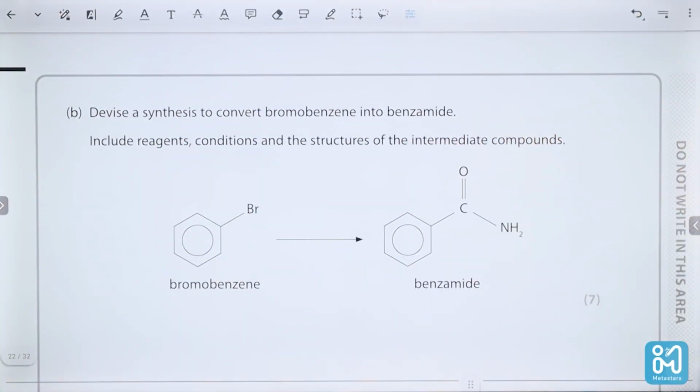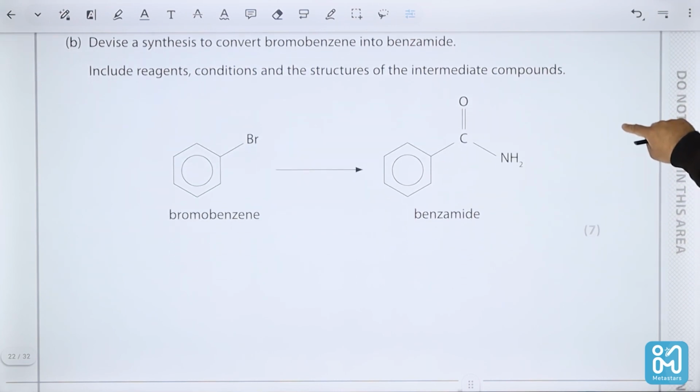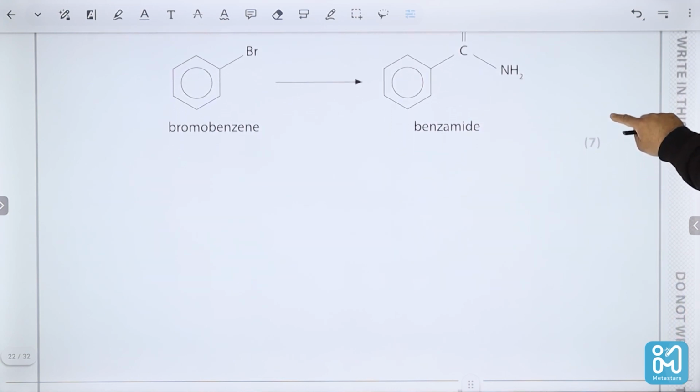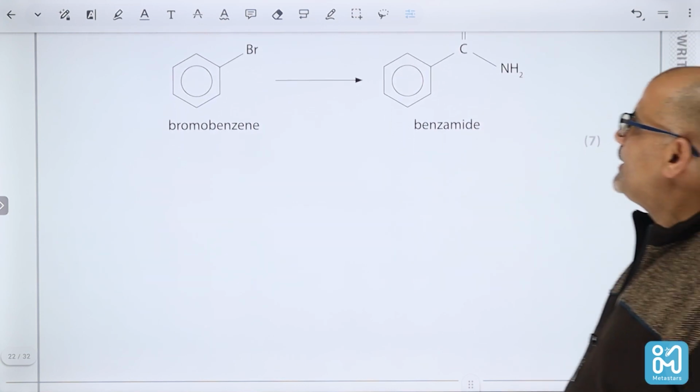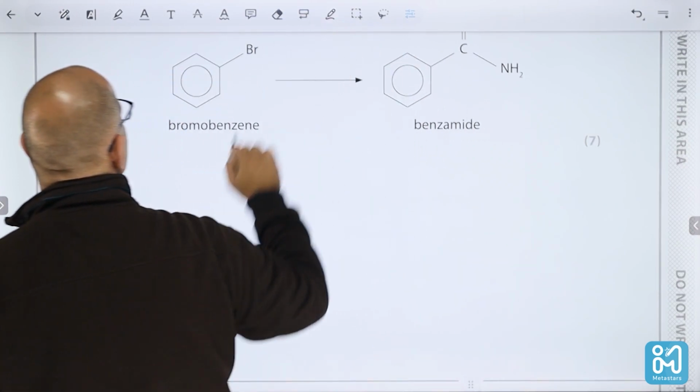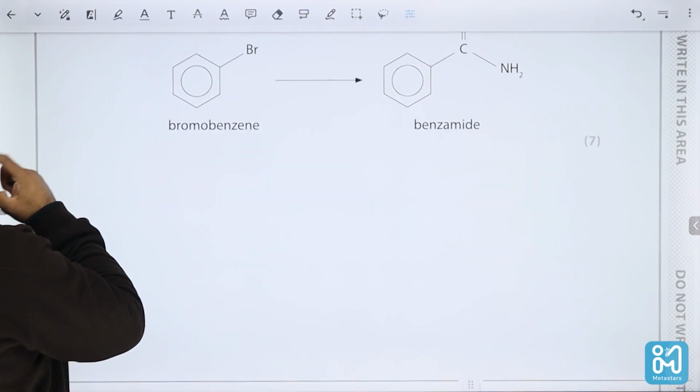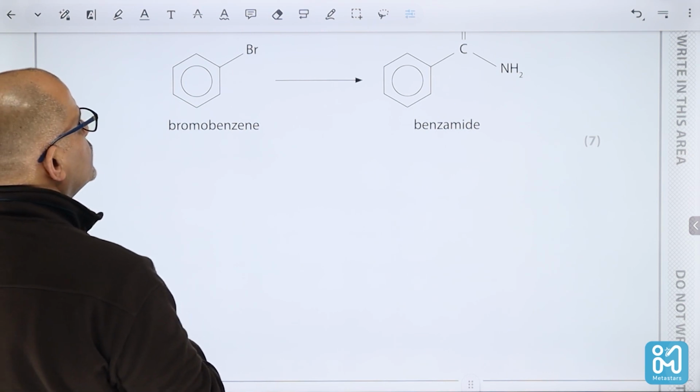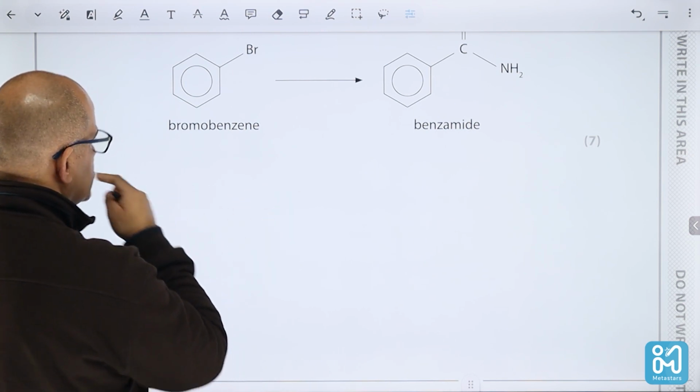Next question, you will devise a synthesis to convert the bromobenzene into benzamide, and here we have a long equation, which includes the reagents, conditions, and the structure of the intermediate. Now, the first part is to convert bromobenzene to something.